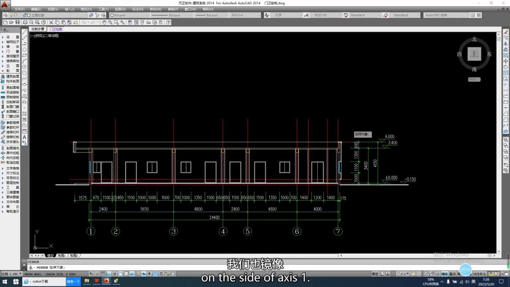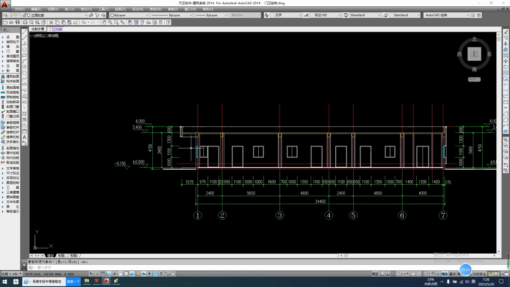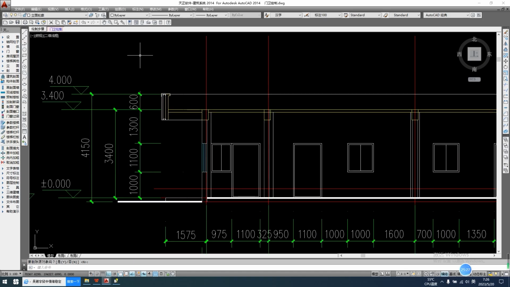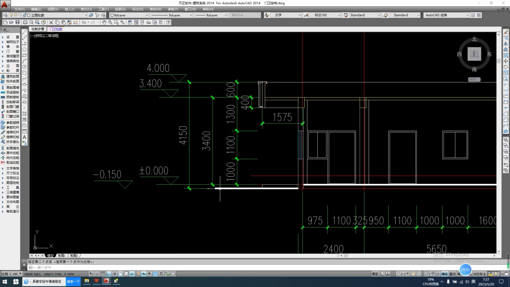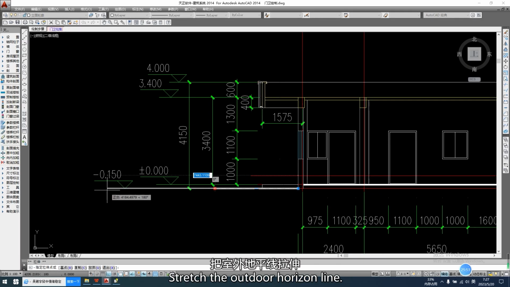We also mirror on the side of axis 1. Stretch the outdoor horizon line.